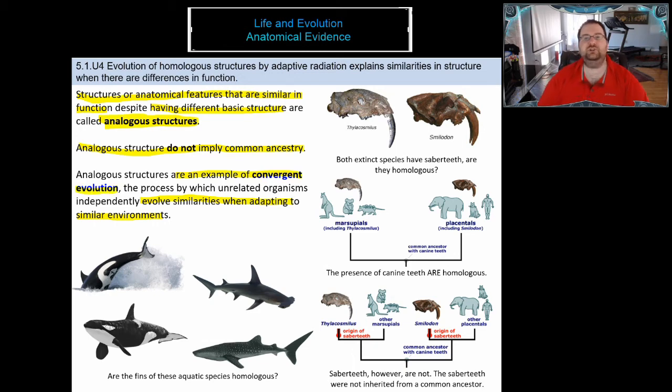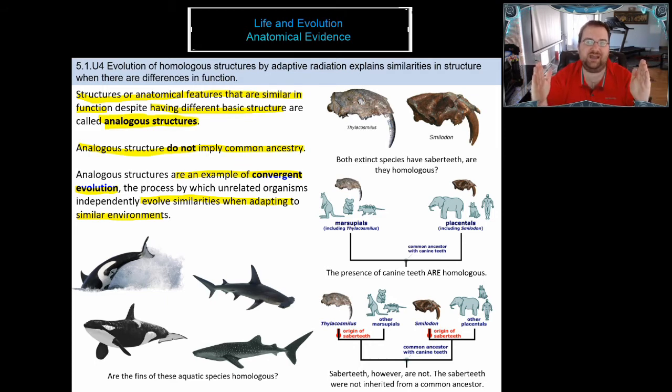So convergent evolution is not really a type of evolution. It's the opposite of divergent. Divergent is you have a common ancestor and you split up. And these two branches are going to be occupying different niches and may actually adapt to their environments in different ways and end up looking very dissimilar. Converging, when you converge, you start off from very different branches of life.